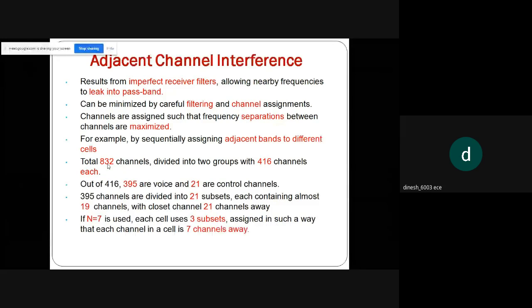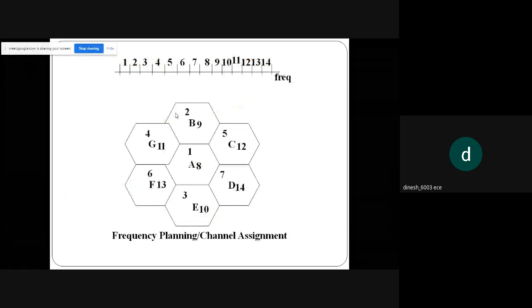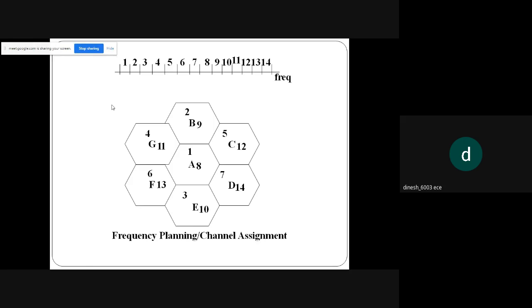So adjacent channel interference can be minimized only by separating the distance between the frequencies. I can use these frequencies in sequence, but I need to allocate them in a different fashion, like this. You see here, in cell A itself, 1 is present here, 2 is present here, but they are separated by 9. 1 and 2 are separated in between by the ninth frequency.